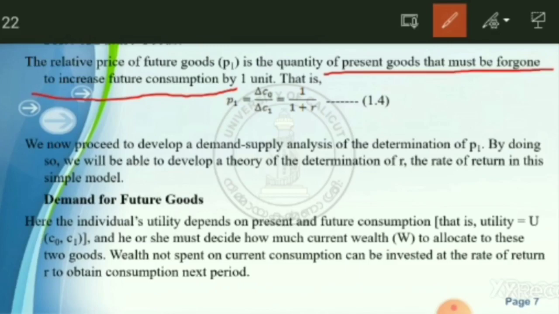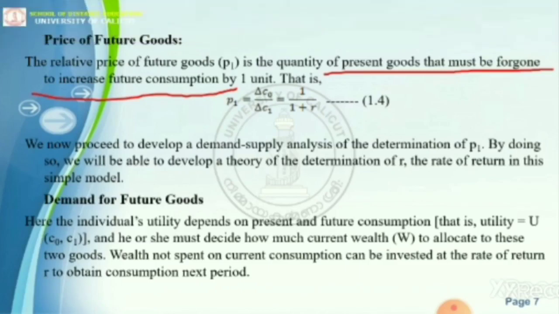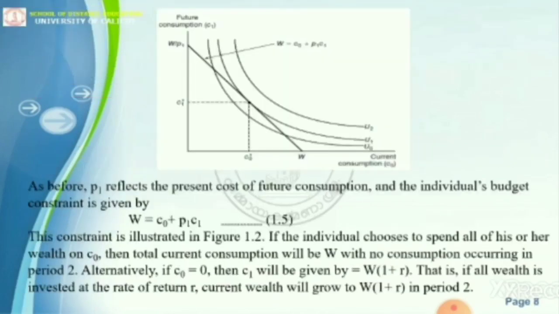Wealth not spent on current consumption can be invested at the rate of return R to obtain consumption in the next period. Just look into that picture. X represents the current consumption, that is C0. Y represents the future consumption. That means we are foregoing some amount of consumption. And we have different utility curves, that is U0, U1 and U2.